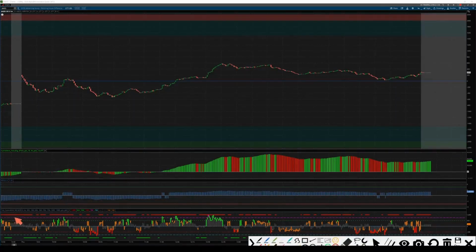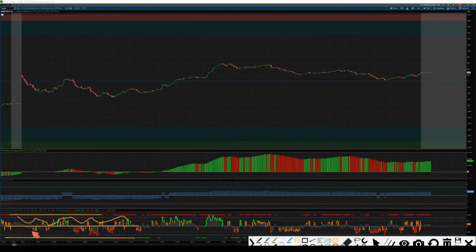So the next one is the $tick indicator. I have a +1000 level and a -1000 level here that I look at, and we have the zero level in between. If you see the price spending most of the time above the zero level, then we can say that the market is mostly buying and is in an uptrend that day.